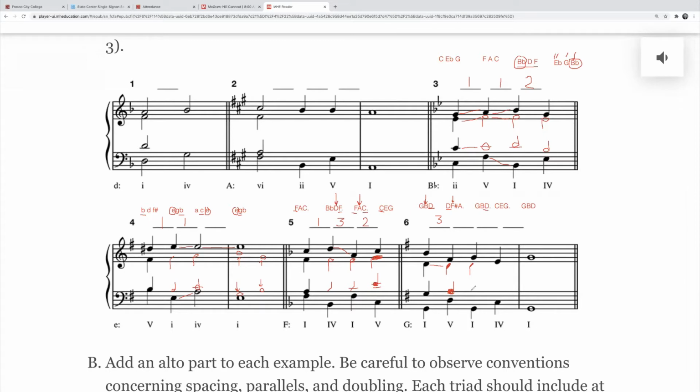And then stepwise motion to the B. Does that work? Would that be number 2? Or number 1? That'd be way number 1. Is everybody all right with that? Okay, next.